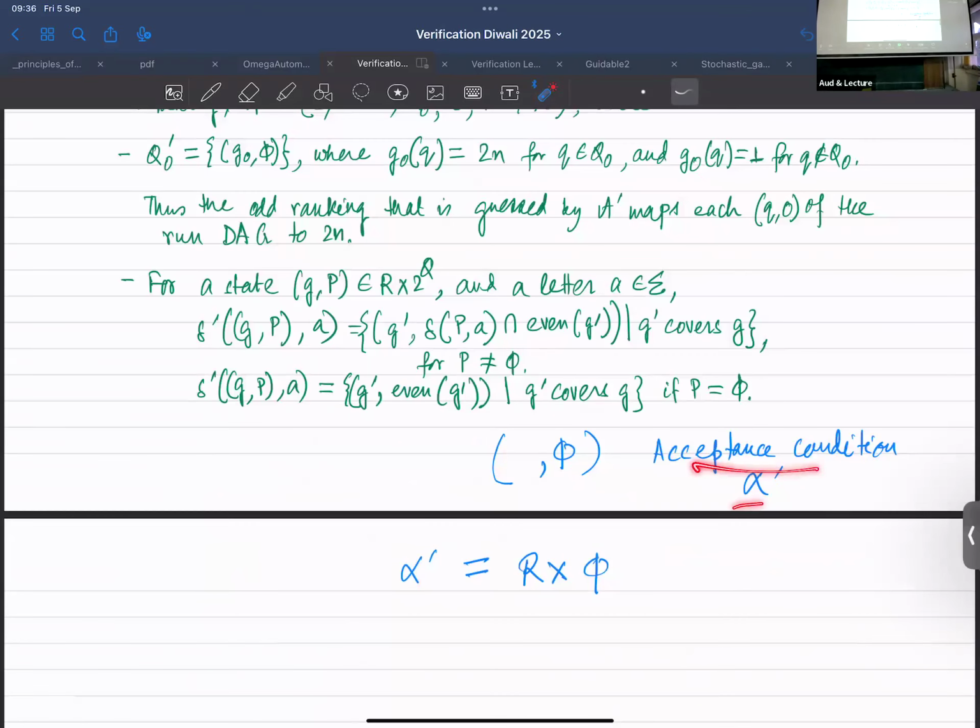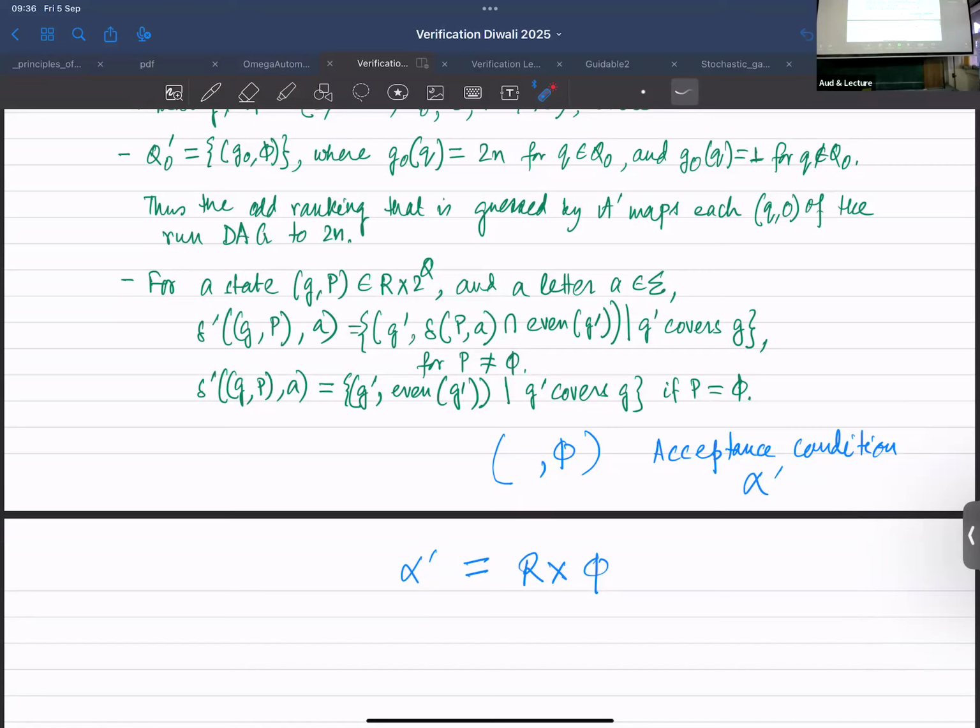So that was the acceptance condition alpha prime for the NBW which complements your input automaton. So this was the idea. And then we also talked about the size of this complement automaton. What was the size of the complement automaton? 2 power order n log n, right?